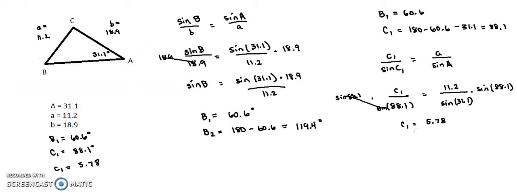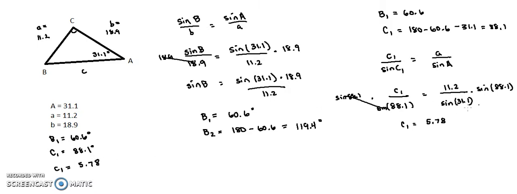Okay, I had to pause there for a second because I had these numbers worked out ahead of time, but I realized that my answer didn't make sense. So here's angle C, and here's side c. If angle C is my biggest angle, then side c should be my biggest side. Hopefully that makes sense just from a graphic point of view. So I was looking here, and C1 is my biggest angle, but little c1 is not my biggest side.